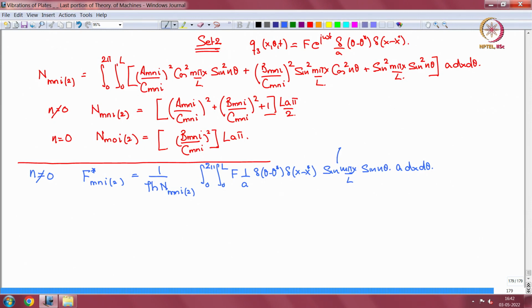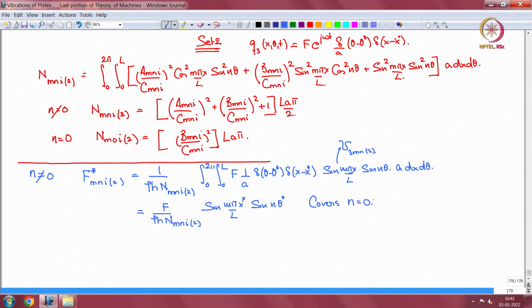Okay, this is U3 Mn of the second kind because the force is in the U3 direction. So this now is equal to, these deltas work appropriately, f by rho h n m n I second into sine m pi x star by L sine n theta star, and this covers n equal to 0.